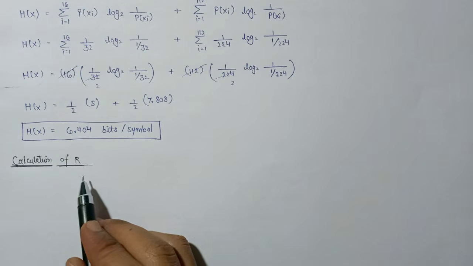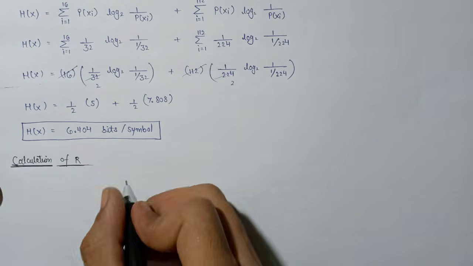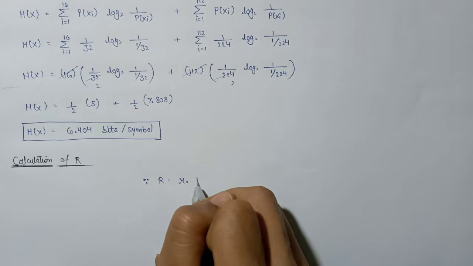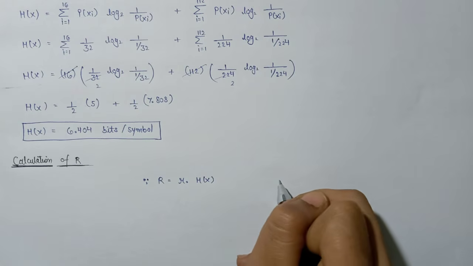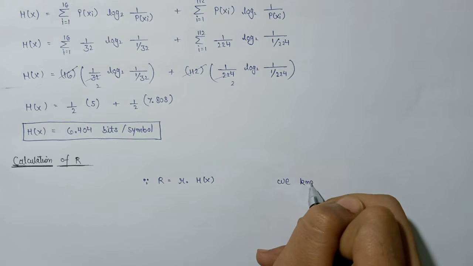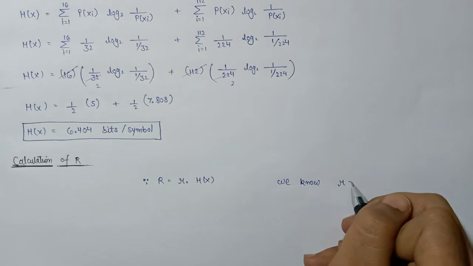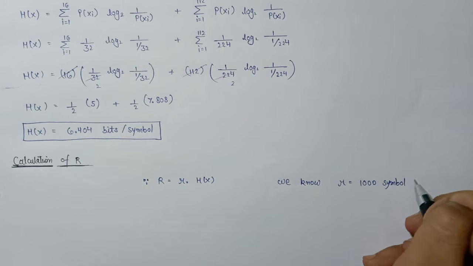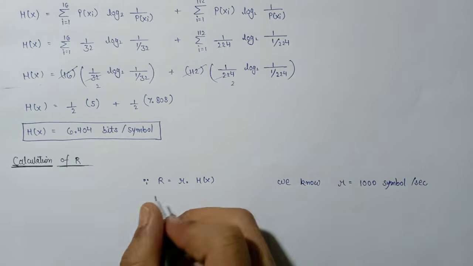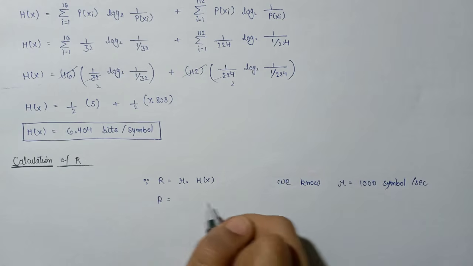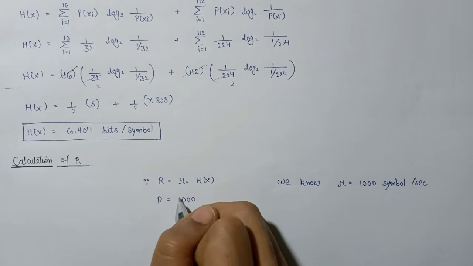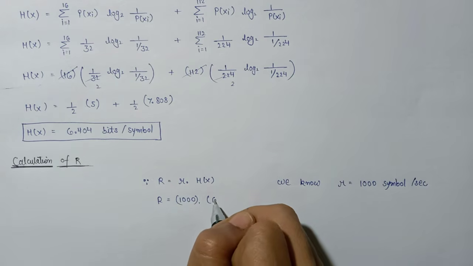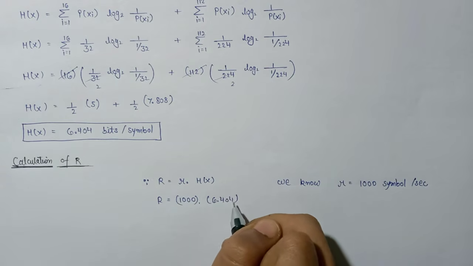Now finally let's calculate the value of the information rate. Since R equals small r into h of x, and we know the value of small r is equal to 1000 symbols per second, simply substituting the value of small r here we get 1000, and for h of x we get 6.404.